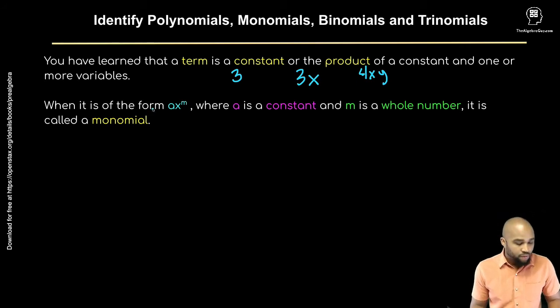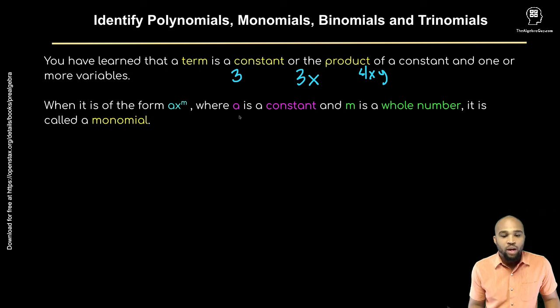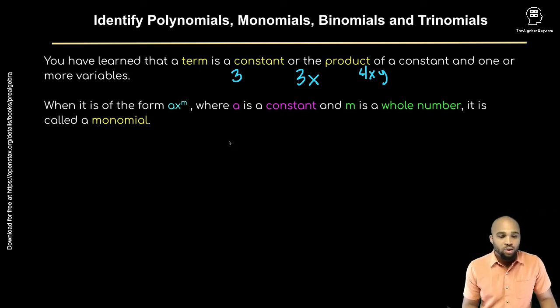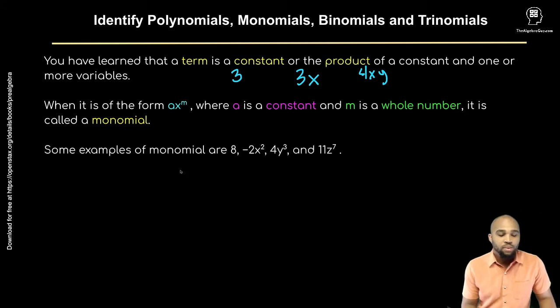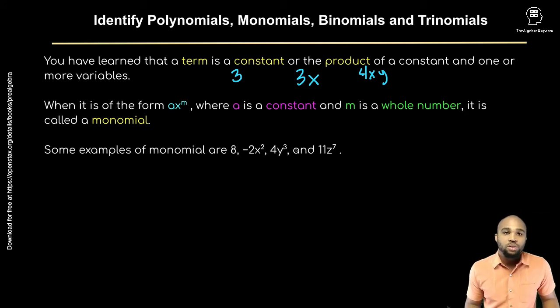Now, when it's in the form ax to the m, where a is a constant and m is a whole number, it is called a monomial. So what do you mean in that form? Well, let's look at some examples. All of these are considered monomials. How is that? This 8 is a monomial, negative 2x squared, 4y to the third, 11z to the 7th. How are these monomials? How are they in this same form? Well, how is 8, first of all? That looks kind of strange to be in this form.